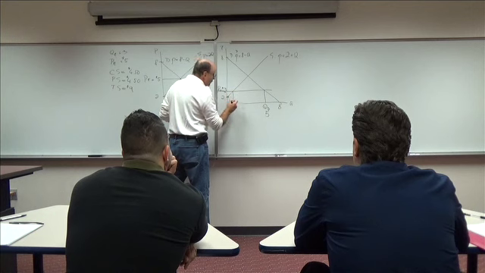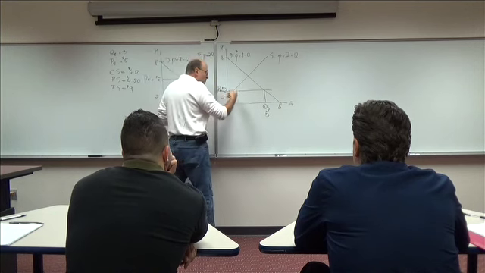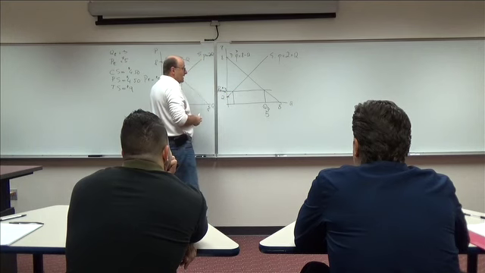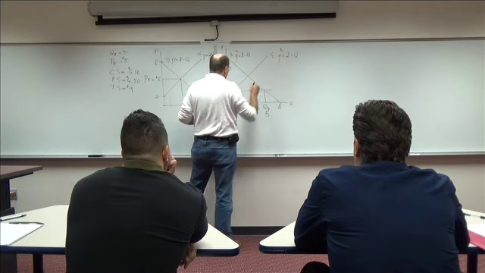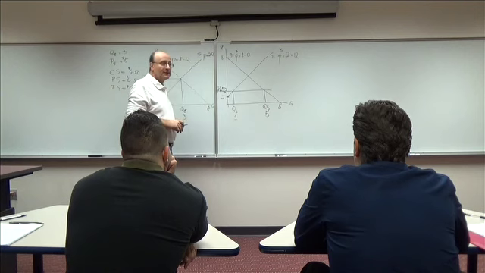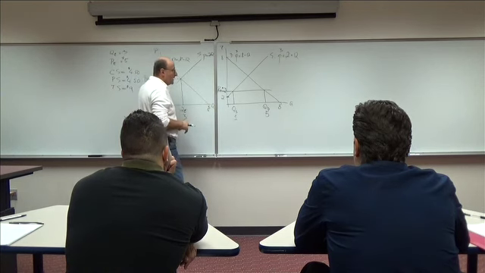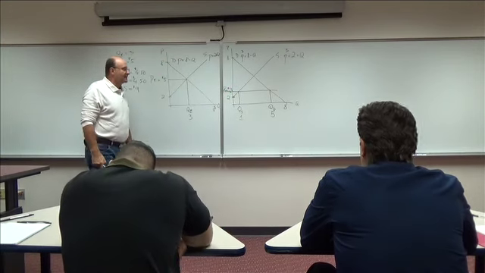It doesn't really make it a worthwhile activity to produce this good at such a low price. And it turns out that at price 3, only 1 unit is supplied. Correct? Very good.